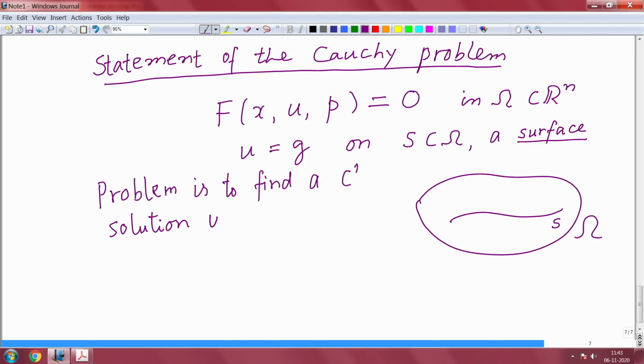Solution u satisfying u equal to g on S. And where do you find this solution? In a neighborhood.